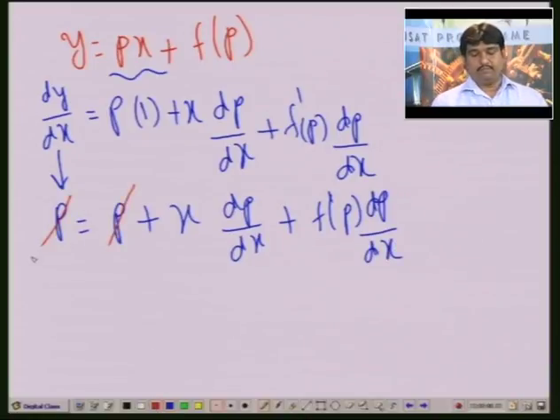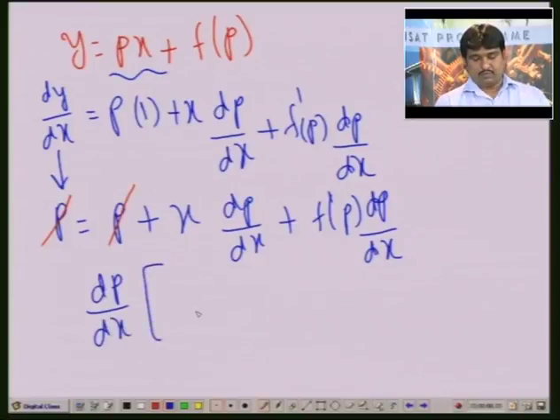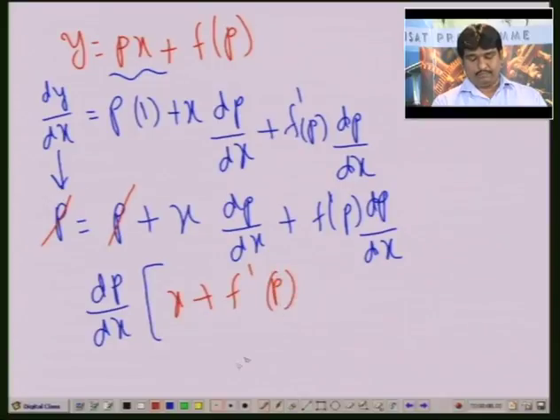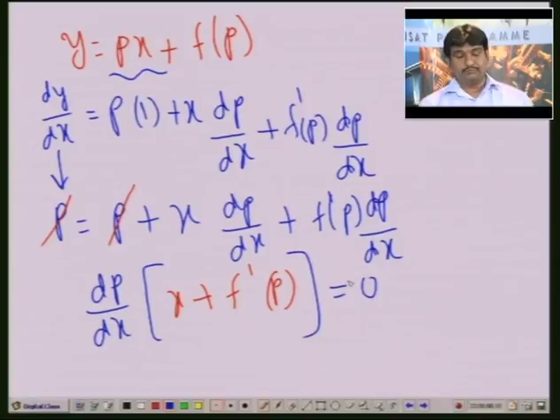Cancel this p and take dp by dx common. We get dp by dx into x plus f dash of p equals 0. So we have two factors.